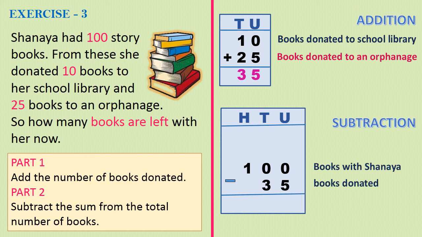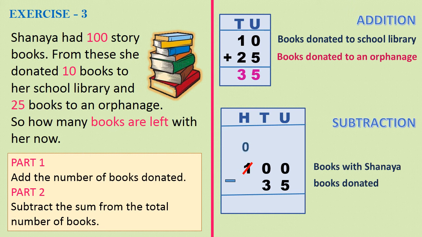In units house, we have digits 0 minus 5, which is not possible. So, borrow from tens house. We have 0 in tens house too. Now, what do we do? Borrow 100s, that is 10 tens in tens house.